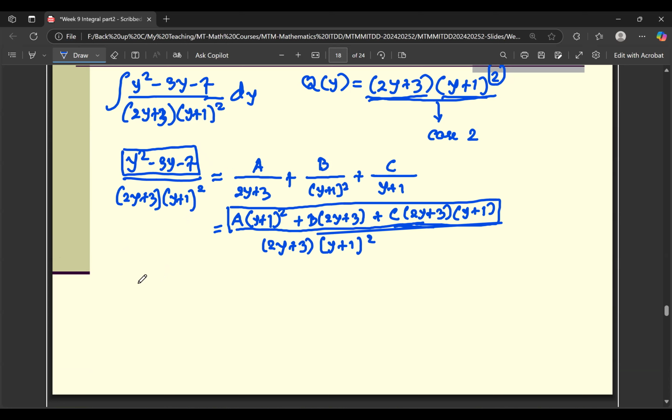So we must solve this equation: A multiplied by y plus 1 squared, plus B multiplied by 2y plus 3, plus C multiplied by 2y plus 3 multiplied by y plus 1, and this will be the same as y squared minus 3y minus 7.